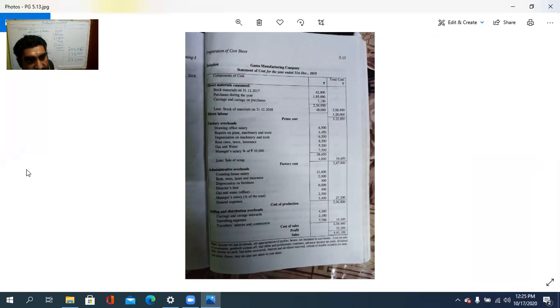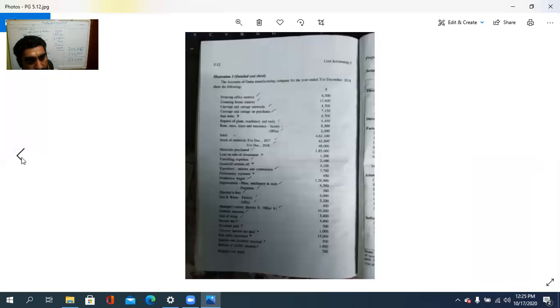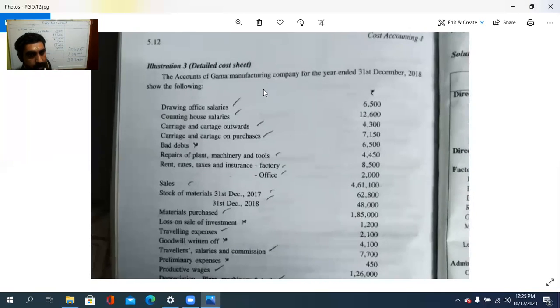Then we add some items with regard to the factory overheads. So we were checking what all are there with the factory overheads. What are the expenses relating to a factory that are all to be taken in this?